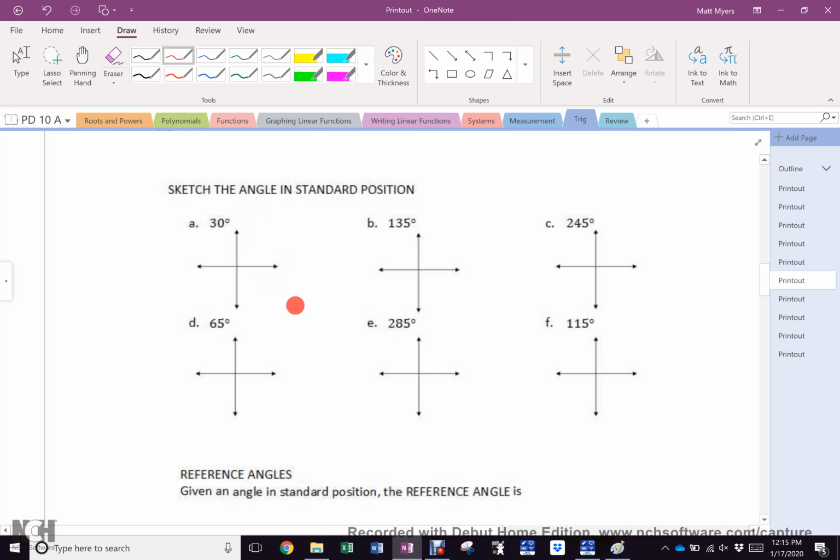It should take about a minute. Go. Mayor, you just had your hand up. What do you need? No, you will never need a protractor. Remember, I want it in standard position, so that tells you where to start.